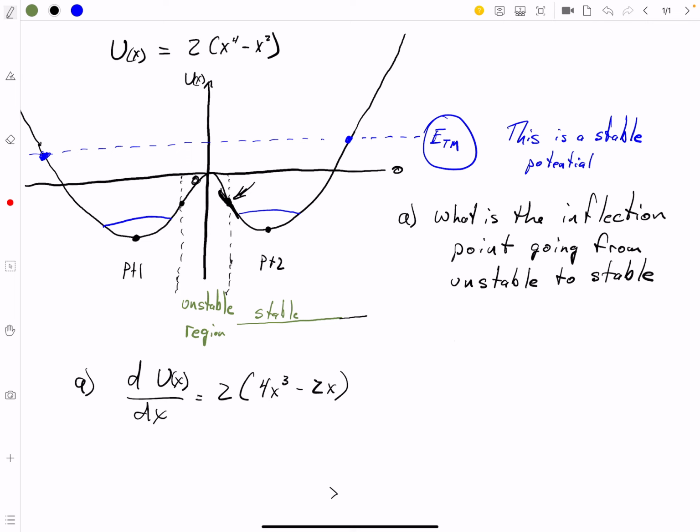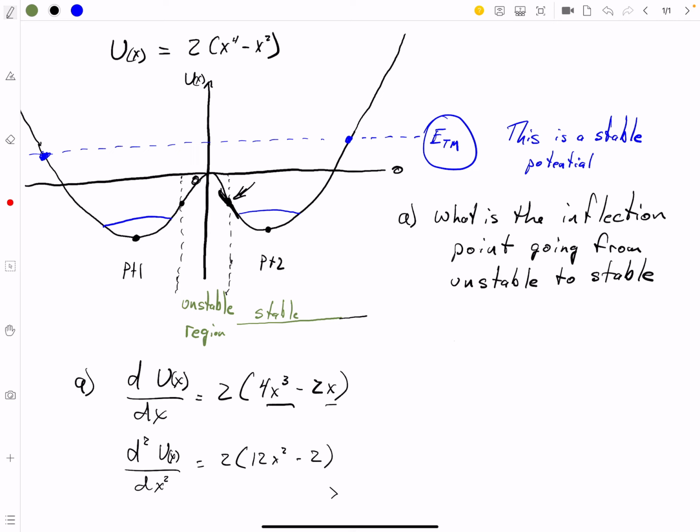And I don't want to deal with that, okay? Because we've got x cubed and x and all that stuff, and I just don't want to. But what can we do? We can take the double derivative. And that's going to give us 2 times 12x squared minus 2.